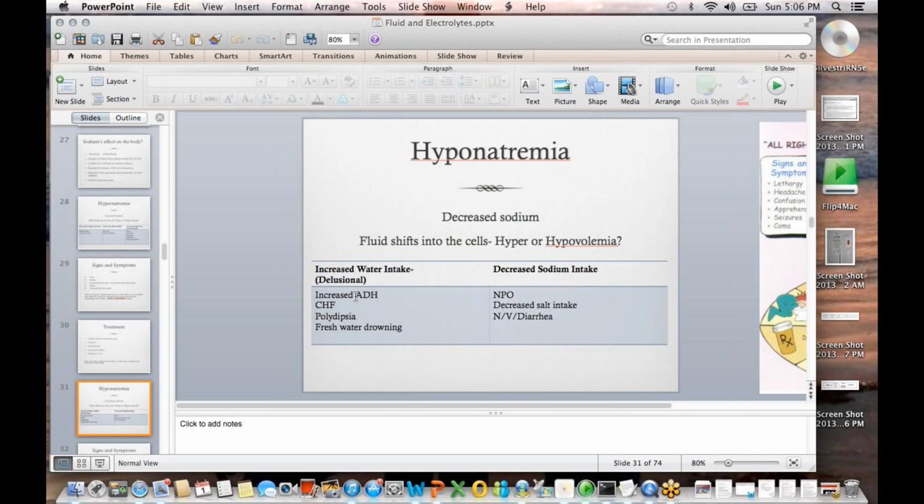The question is, how is that related to psych meds? Well, one of the complications of some of the psych medication is that they cause SIADH. Is that related to the effect that it has on the brain, and it just affects the release of ADH?